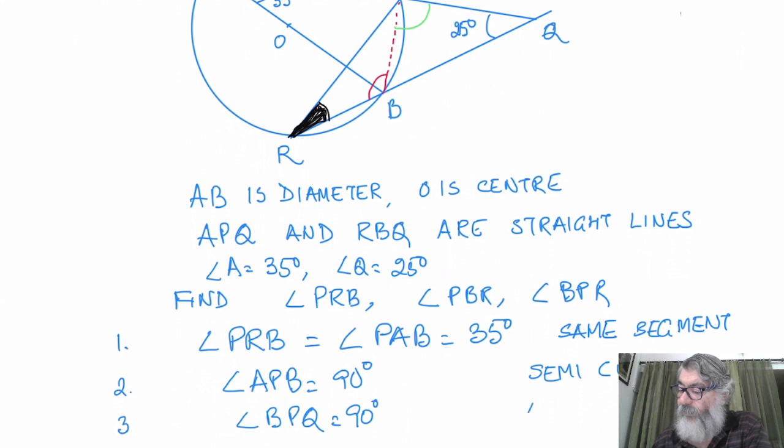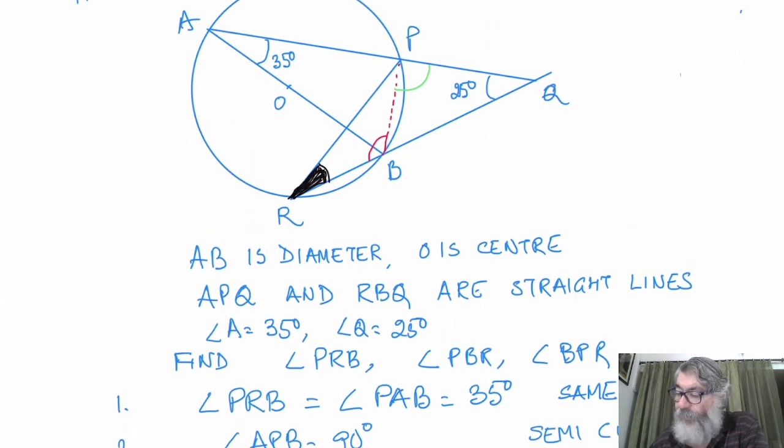A straight line always makes an angle of 180 degrees. So the green angle which I have indicated, BPQ, is 90 degrees.